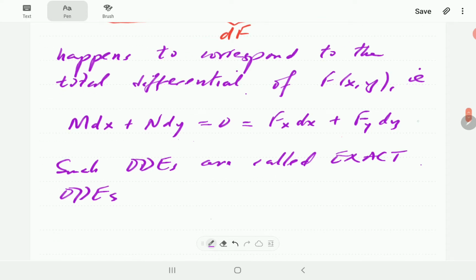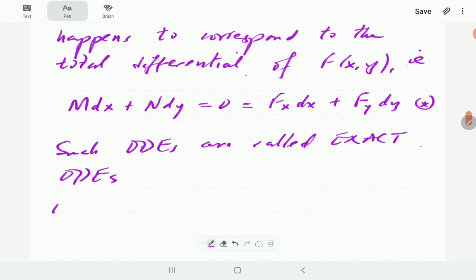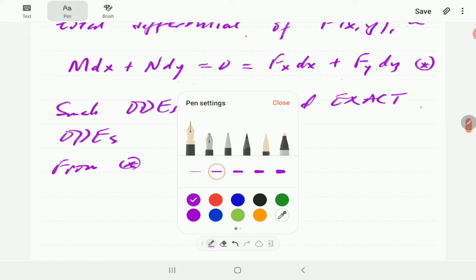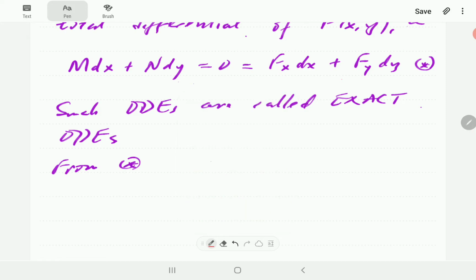What this equation, let's call it asterisk, is implying is that the coefficient of dx on this side must be the same as the coefficient of dx there, and the coefficient of dy must be the same as the coefficient of dy there.